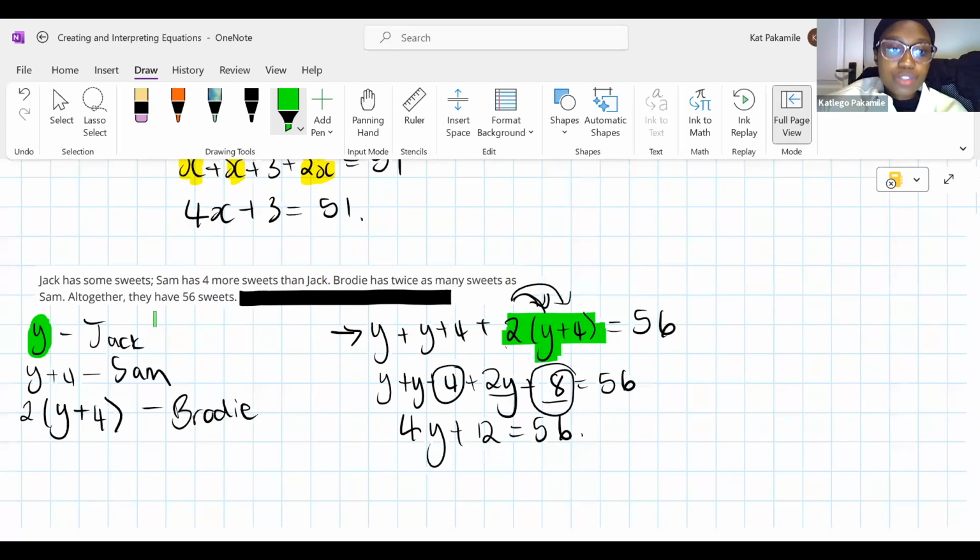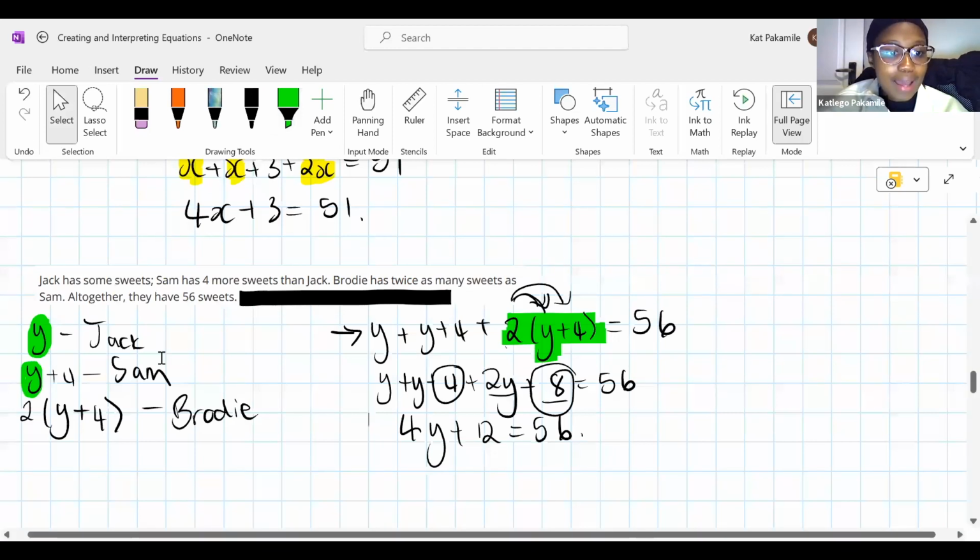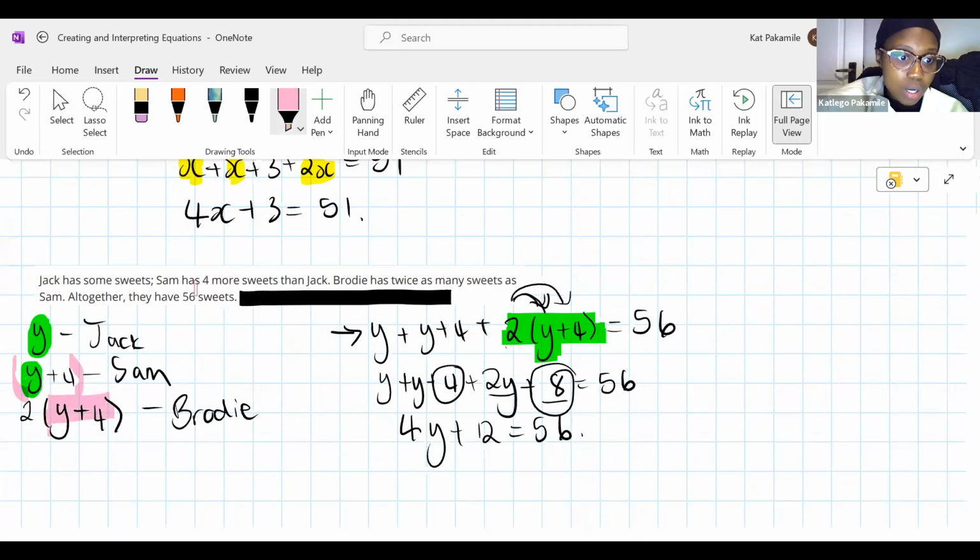So if Jack has Y, Sam has Y plus 4. And then it says Brody has twice as much as Sam. So if Sam has Y plus 4, this whole expression, then Brody has 2 times that whole expression, which was Y plus 4.